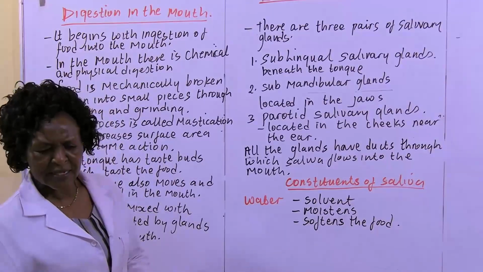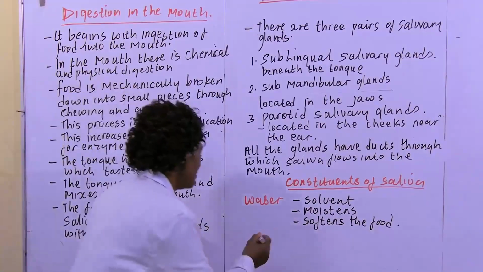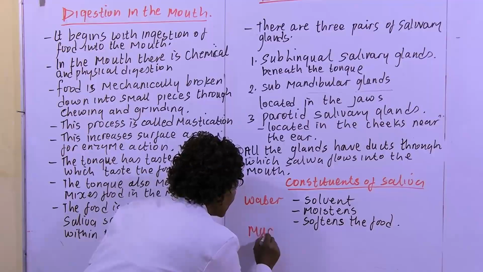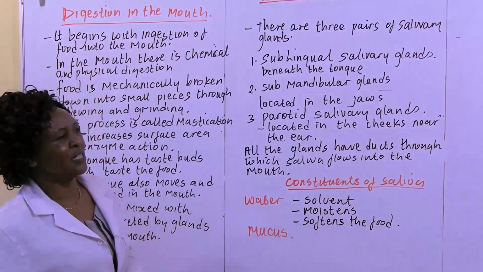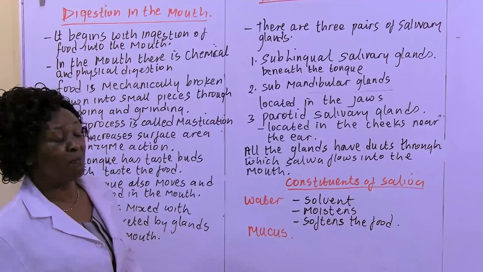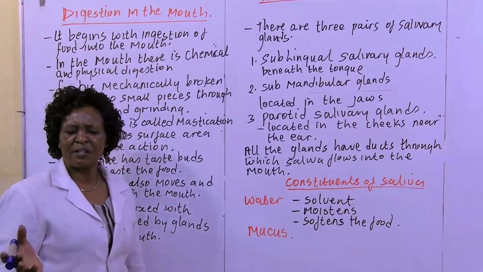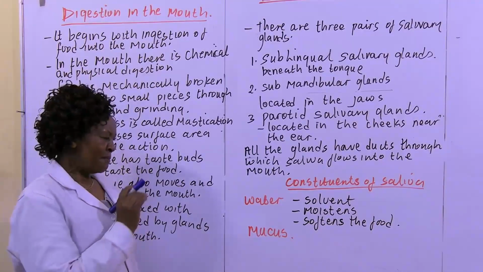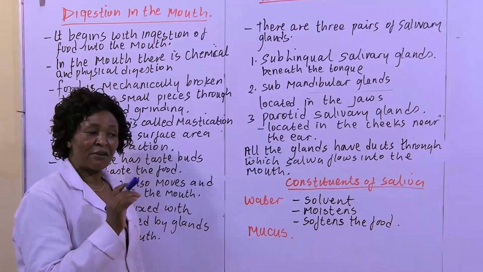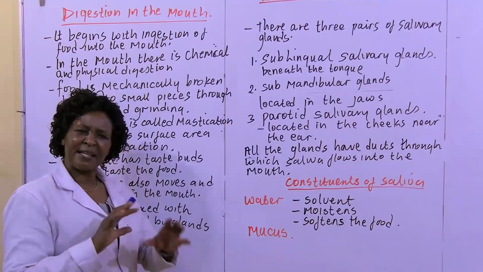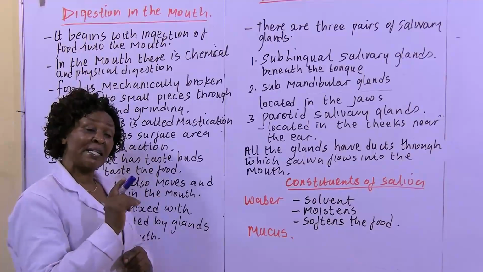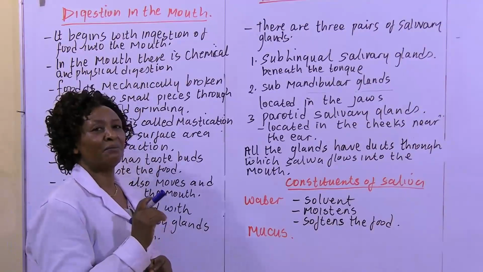Then another substance that is found in saliva is mucus. Mucus is not just found in the nostrils, but it's also part of saliva. Now, what is the function of this mucus? The mucus lubricates the food, and other than lubricating the food, it also lubricates the lining of the mouth.